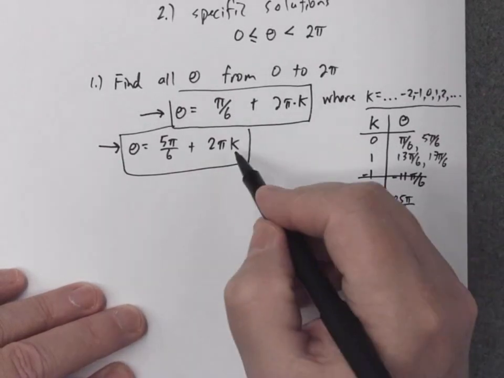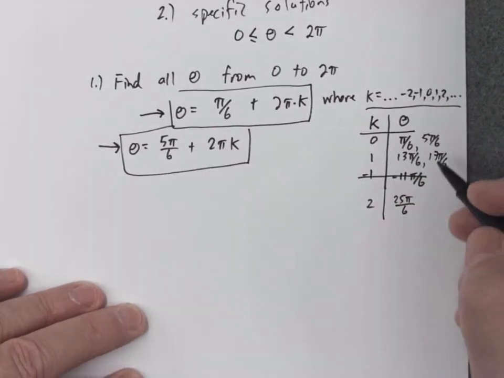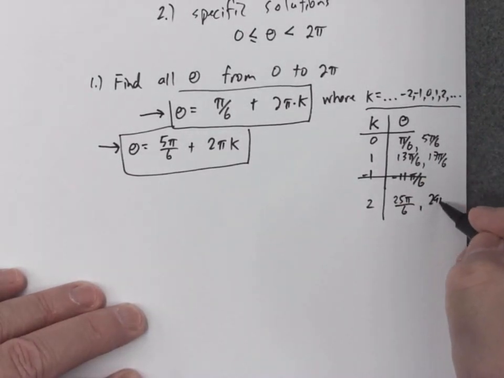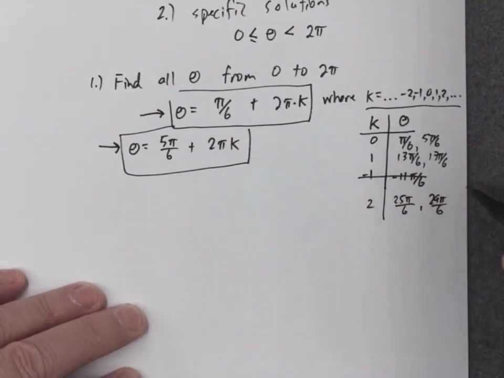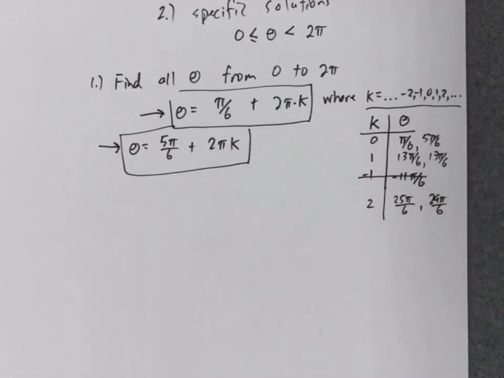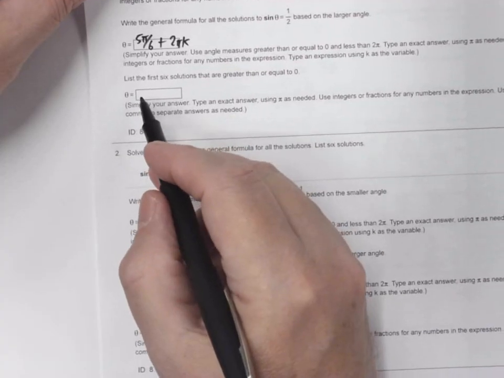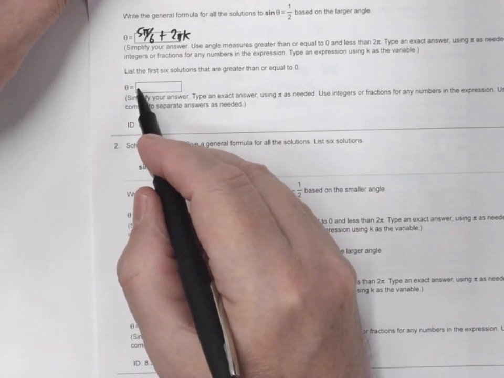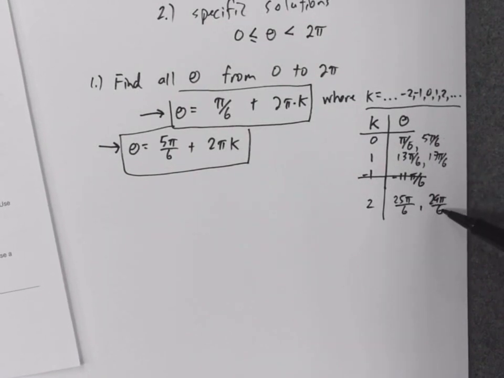If I plug k into my second general solution, 24 pi over 6 should be 29 pi over 6. And these are going to be the 6 solutions. So right here in this box, you would put all 6 of these angles separated by a comma.